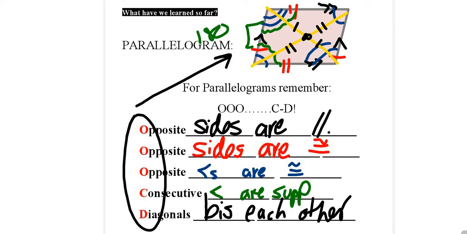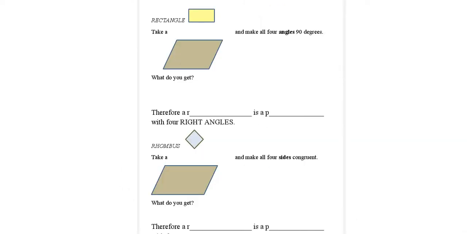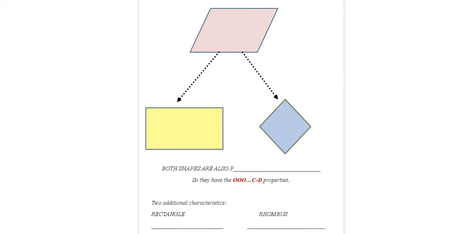Now the next 3 shapes that we're going to study all qualify as parallelograms, but they're types of parallelograms. So the 3 that we're studying are a rectangle, a rhombus, and then a square.